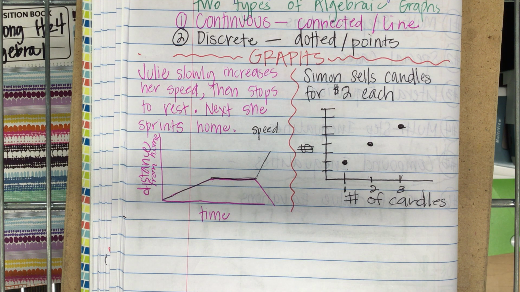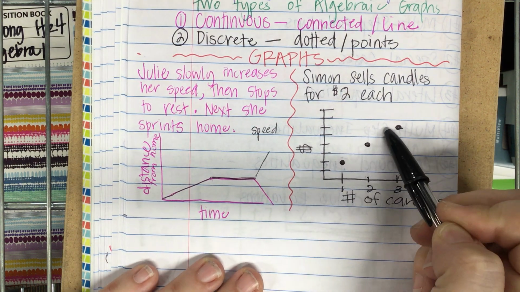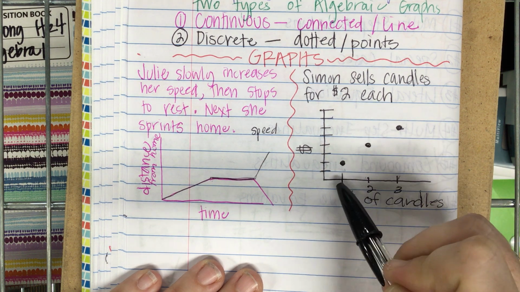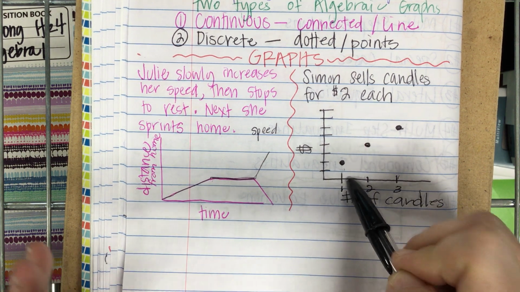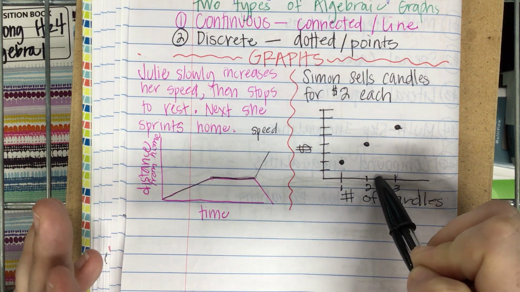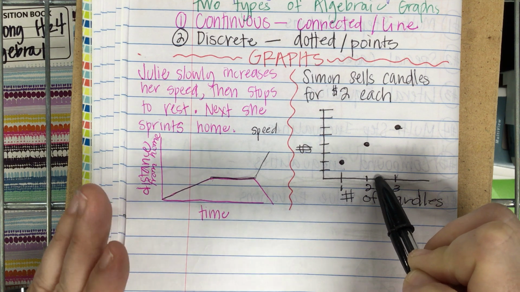So I'm not going to connect it. I'm not going to have data that lies between these 2 points. Because if I said, oh, you know what? My mom only wanted 2.2 candles for her birthday. He's going to say it doesn't work that way.